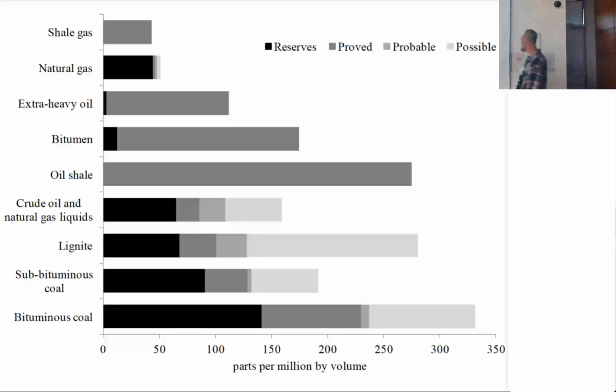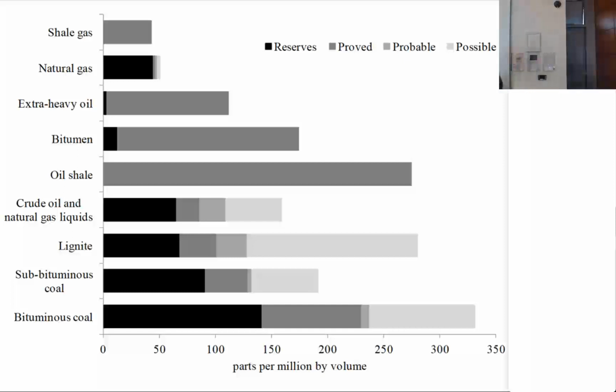And the way to look at this is essentially, well, if you want to limit global warming to say 2.5 degrees, then perhaps we can emit another 100 or 150, or we can add another 100 or 150 parts per million to the atmospheric concentration, right? So that is what these numbers mean.